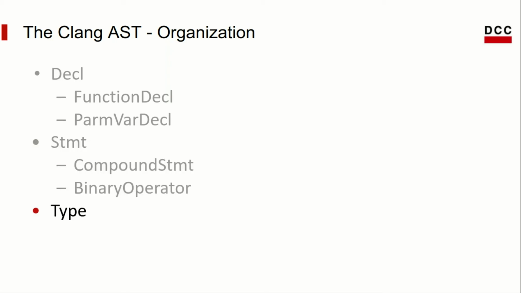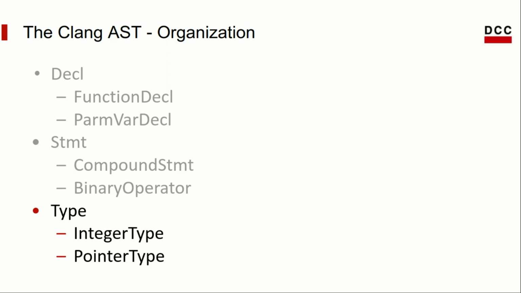Finally, there are types. We didn't explicitly see any nodes in our example which represent a type object. However, type information did appear. We've seen, for instance, that the parameters of our function had the type int. Using the Clang libraries, we will be able to extract a type object from nodes such as these.